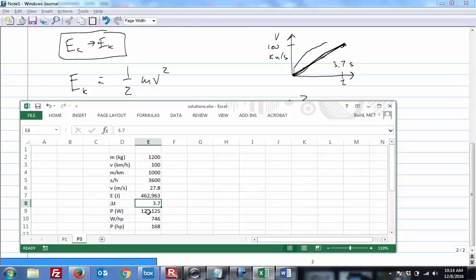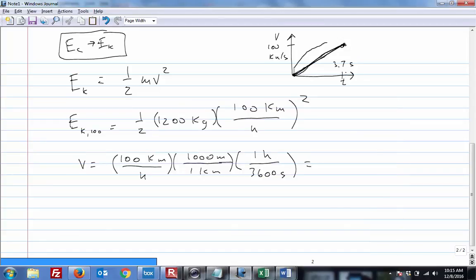So then to find the power, remember power is just energy divided by time. If you look at this figure up here, remembering the skills you've developed from problem set 3, you could plot energy over here in joules.